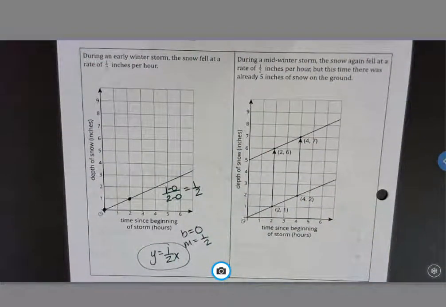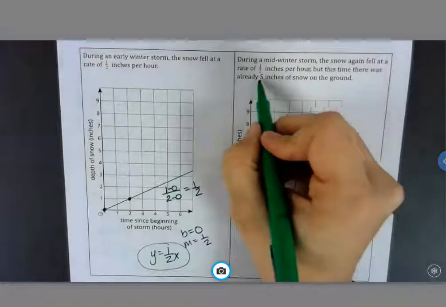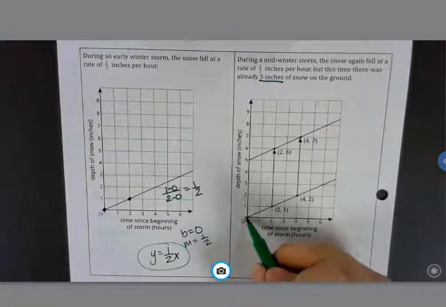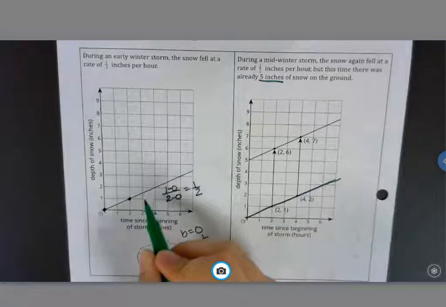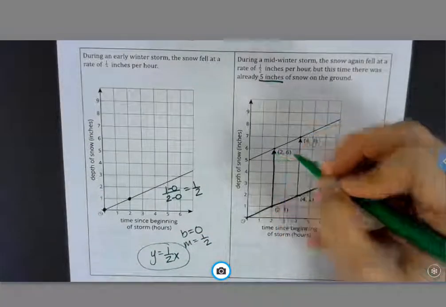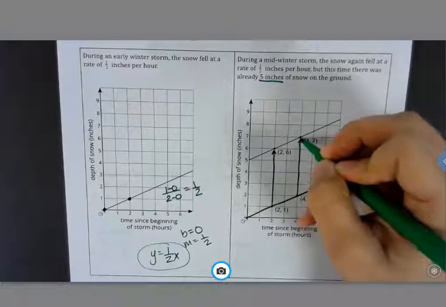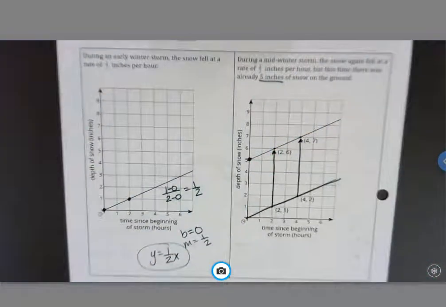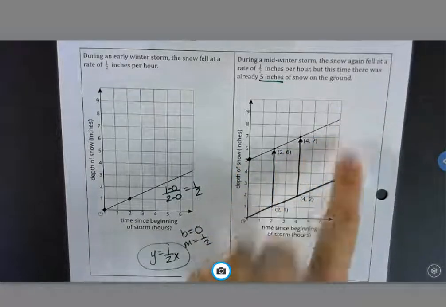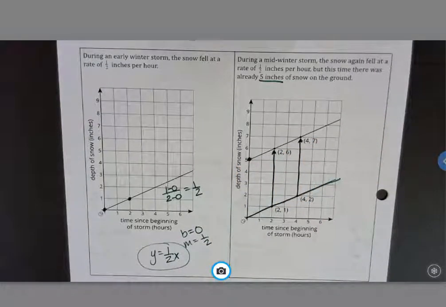Then the second one says, during a midwinter storm, the snow again fell at a rate of 1/2 inch per hour. But this time there was already 5 inches of snow on the ground. So this is the original line, the same one from part A. And look, it just translated up 5, because now for this snowstorm, we have 5 inches already, and then we get 1/2 inch per hour.